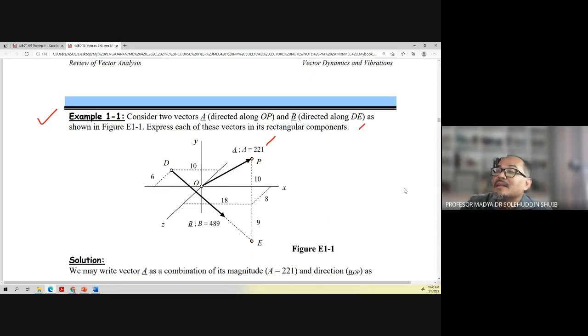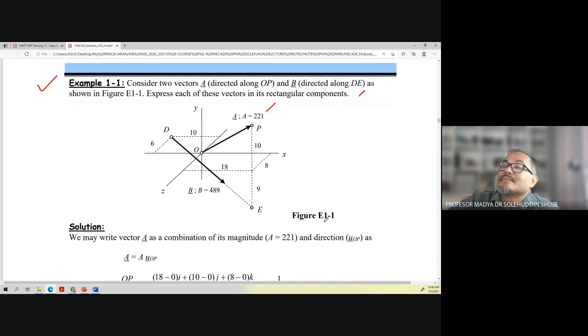This is 6 and 8. And the heights of these are given: this is 9, this is 10. So we want to express each of these vectors.